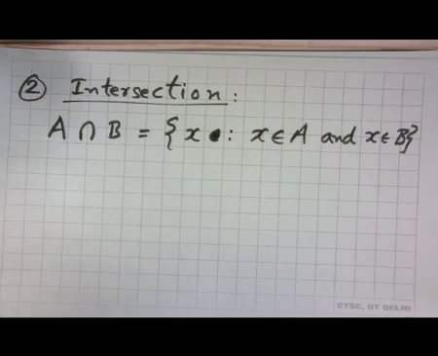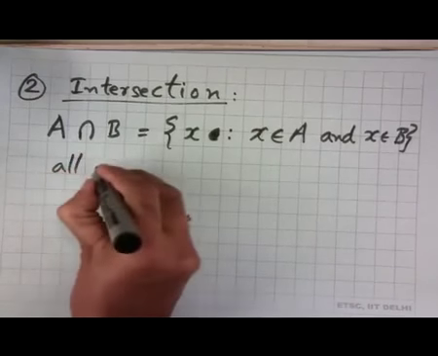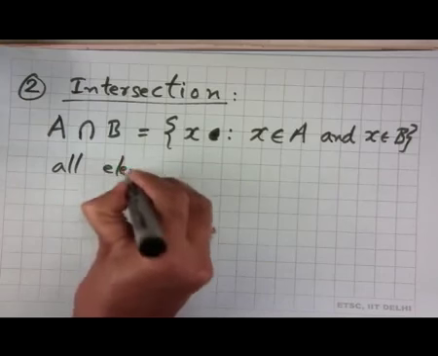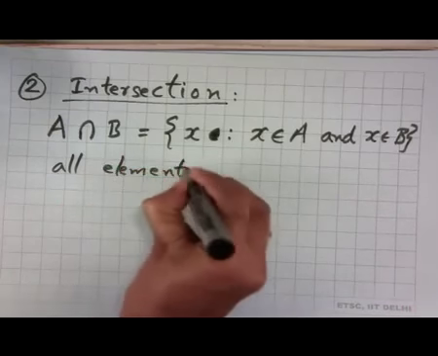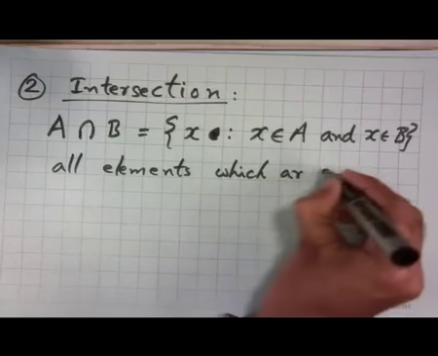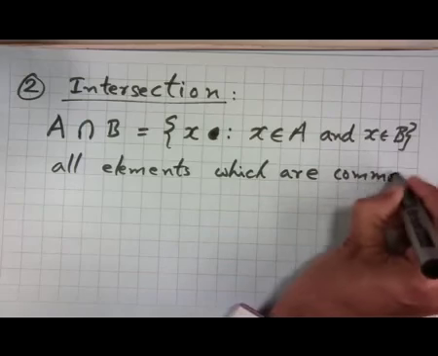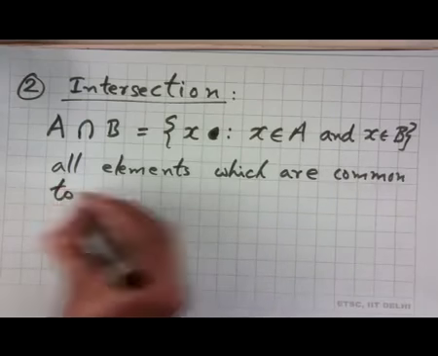So, intersection consists of all elements which are common to A and B.